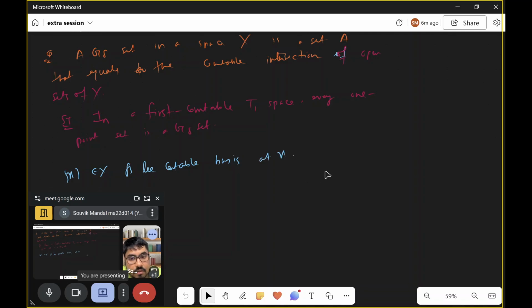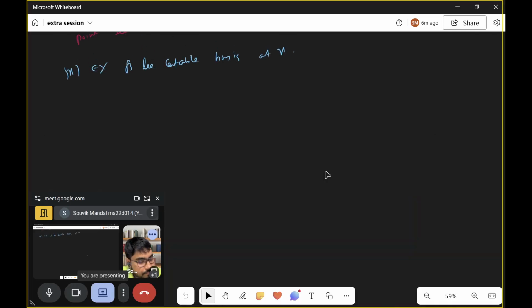Now we claim that the intersection over b belonging to B of b is equal to the singleton x. For that, we choose y belonging to X with y not equal to x.